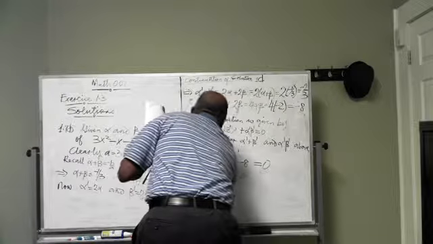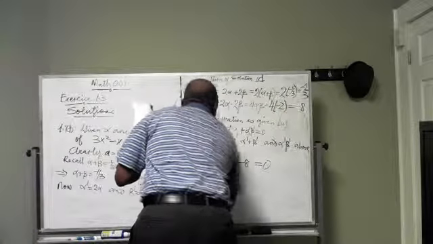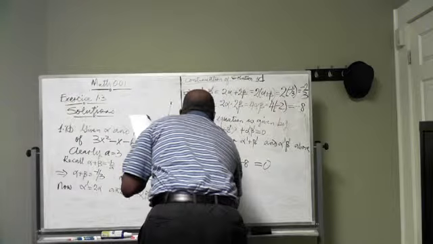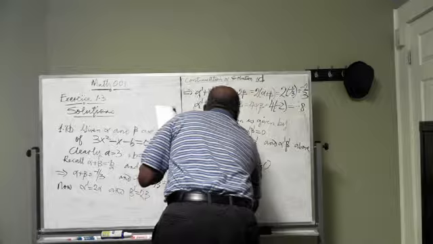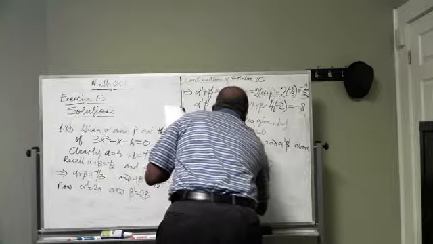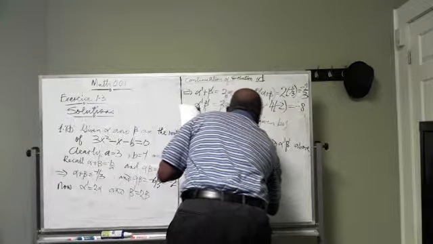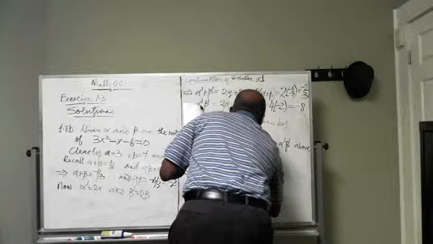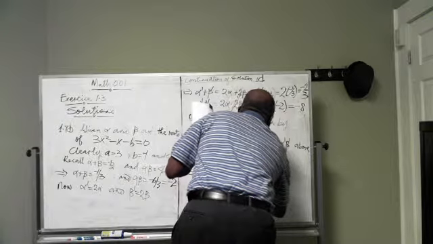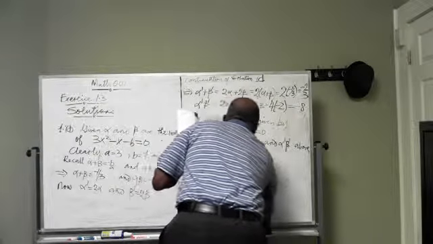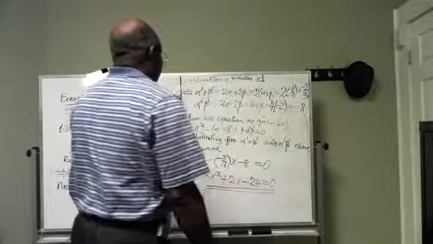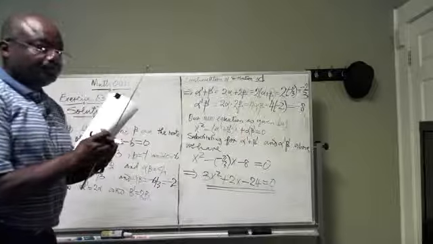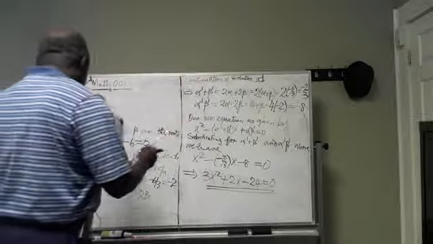Upon simplifying, this yields 3x squared plus 2x minus 24 equals 0. And that is our new equation. So let me explain further.